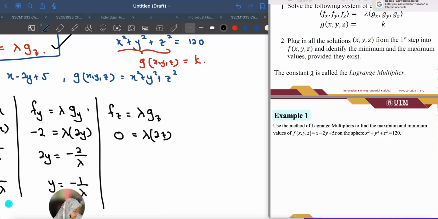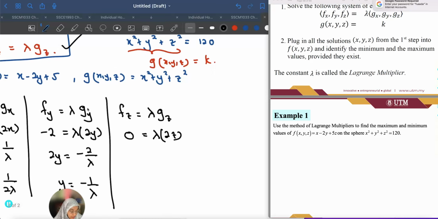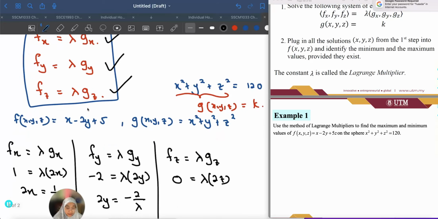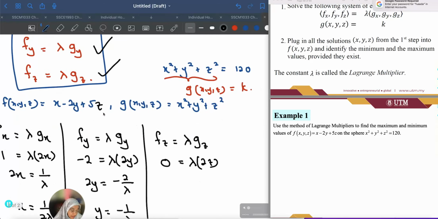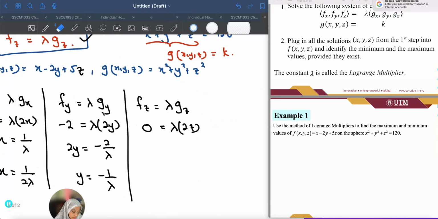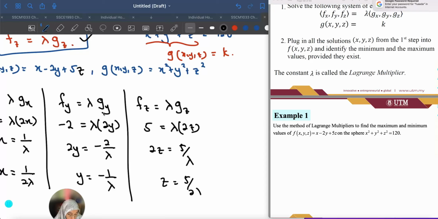So you can have fz... I think I missed something there. f(x, y, z), oh 5z, sorry, I missed the z here, so it should be 5. So 2z equal to 5 over lambda, so z is 5 over 2 lambda.